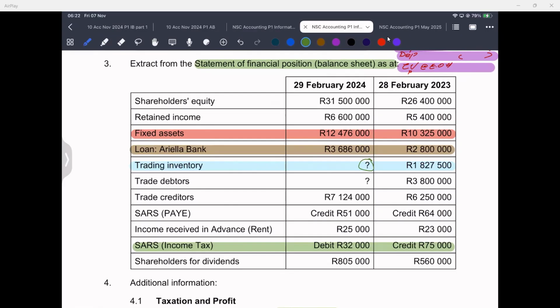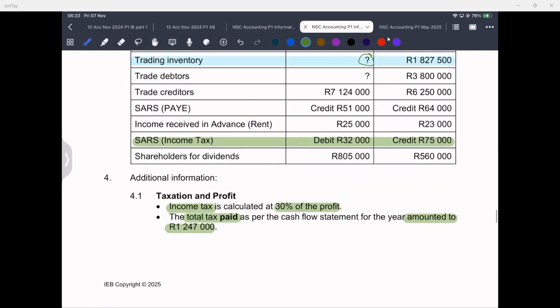Think of all the ratios that have trading stock in them. How many are they? It is acid test ratio, stock holding period, and stock turnover rate. We might need to use one of those. Let's read and check what we've got.